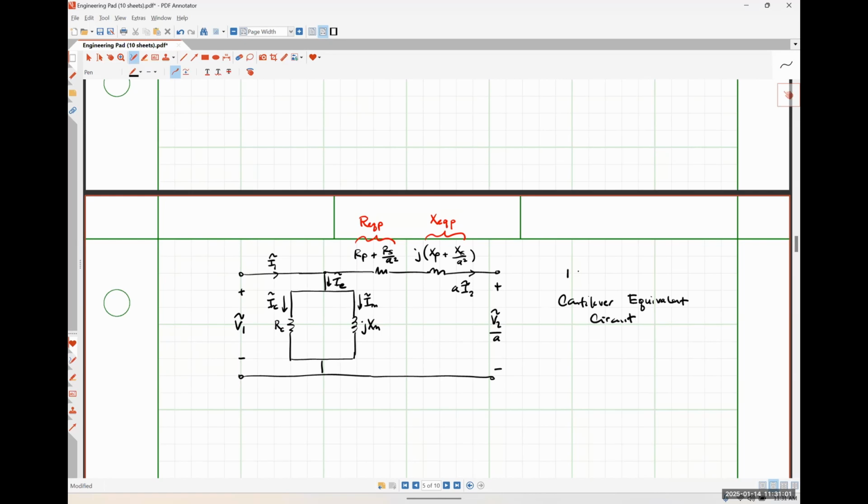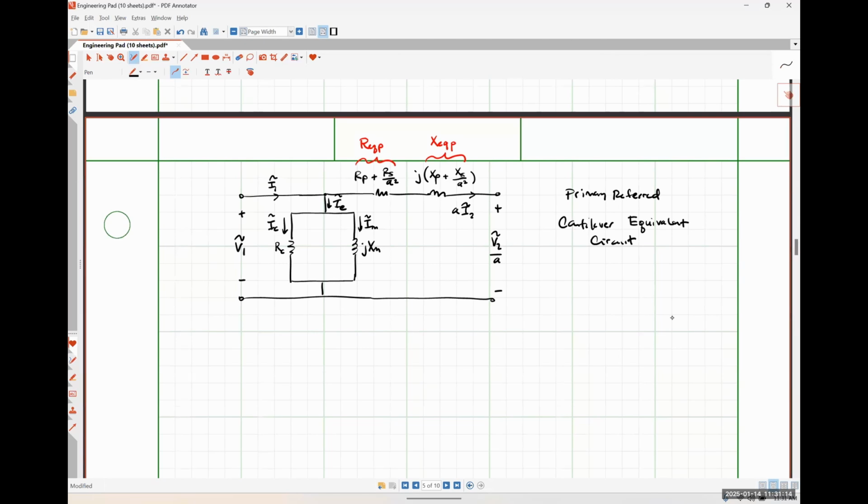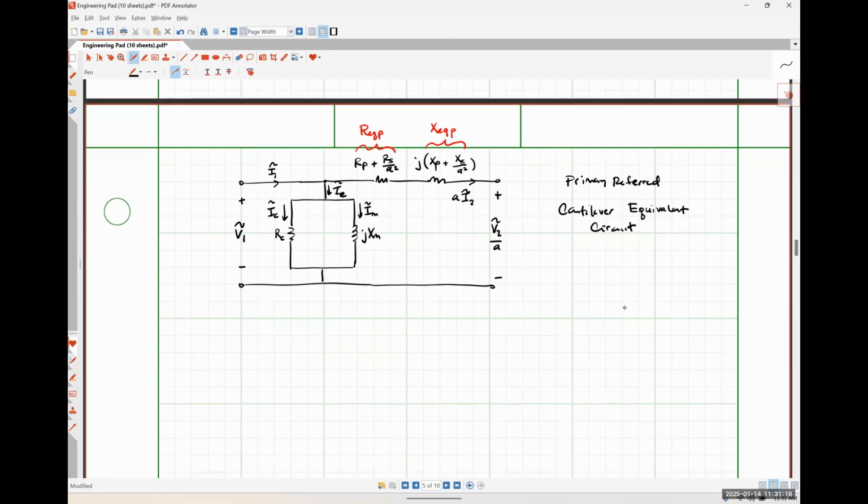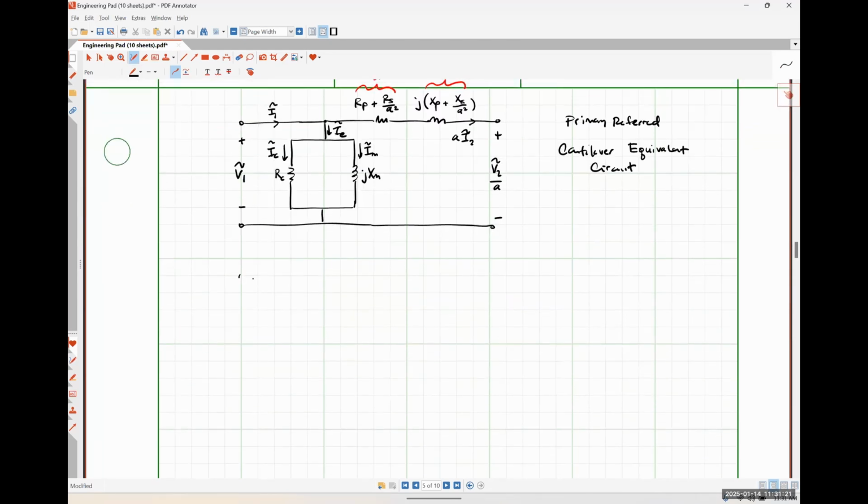We'll call this the primary referred cantilever equivalent circuit because everything is literally referred to the primary side of the circuit. Or we could do a secondary referred cantilever equivalent circuit, which would look something like this.